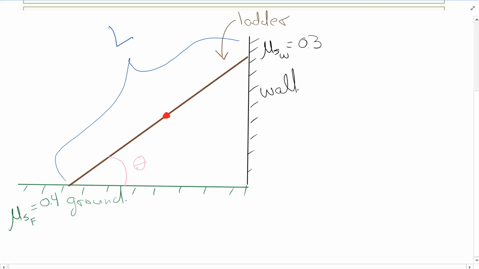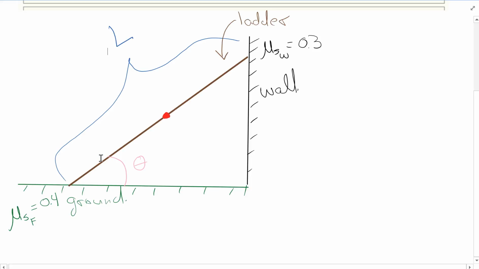The closest to the ground I can be before this thing is going to slip. One thing that they didn't necessarily tell us, but that I've also labeled, is this length L. That's the full length of the ladder. I've also identified right here in red the middle point, the center of gravity of the ladder. And this is going to be really, really important.